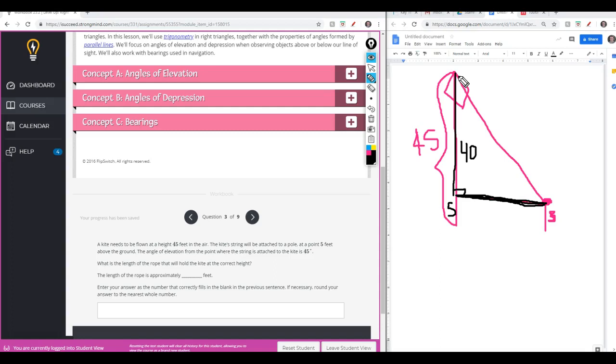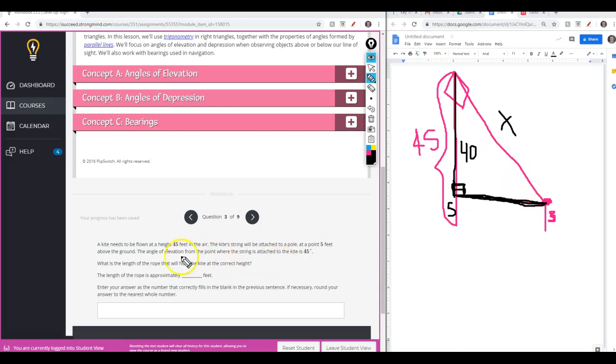Alright, so now they want to know what is the length of the rope that will hold the kite at the correct height. So now again, let's look at this. We do have a right triangle. A horizontal meets perpendicular at a 90-degree angle.